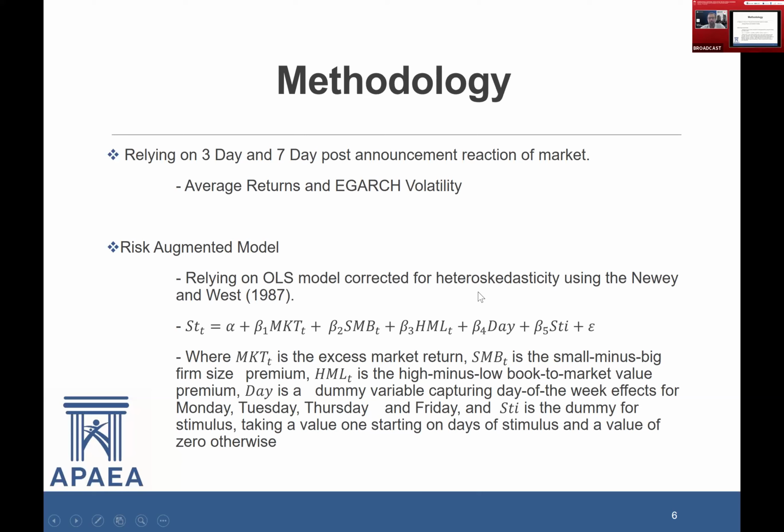And then we have the dummy variable for the monetary and fiscal policy announcement. How it works is that the day the announcement is made is day one, and then if it's a 3-day or a 7-day window, it goes on for 3 days or 7 days after that.